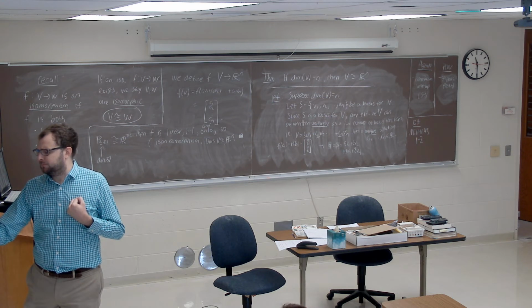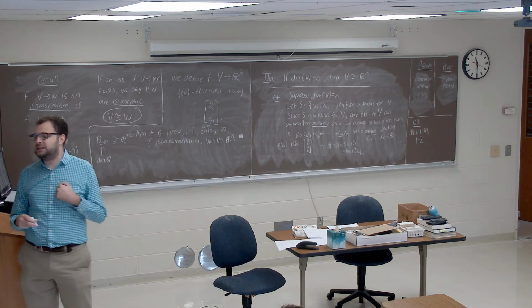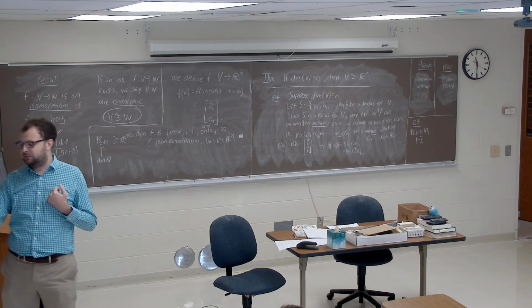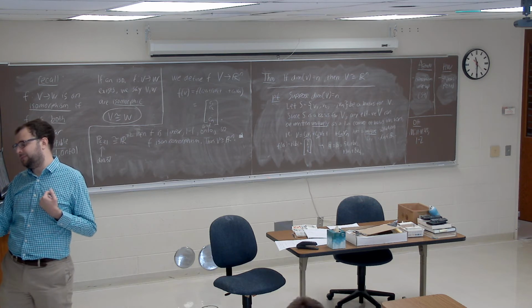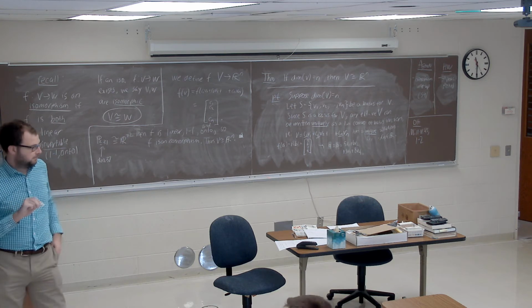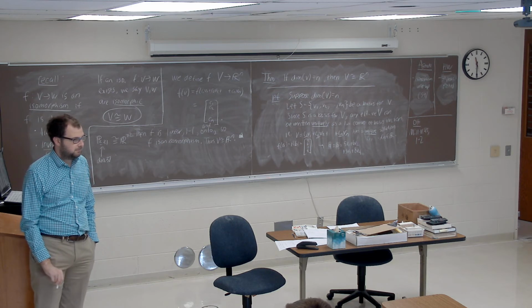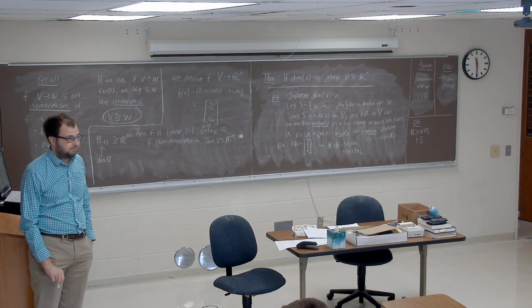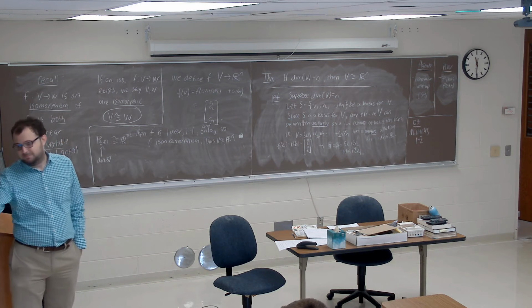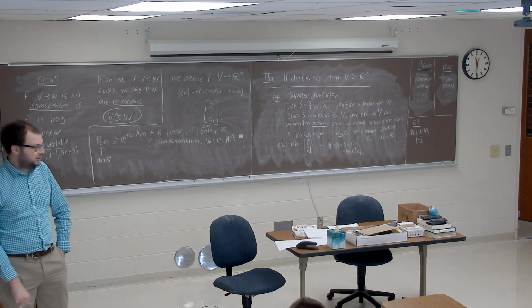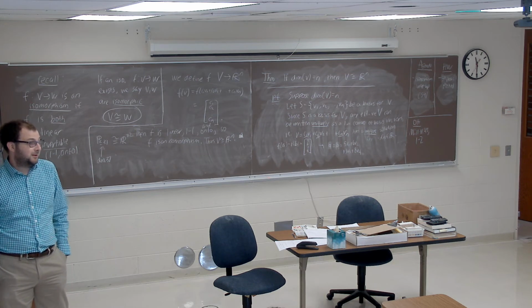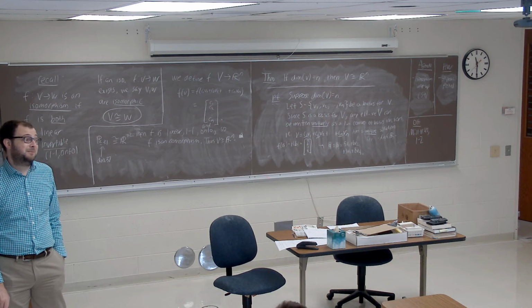Well, if f of v1 is equal to f of v2, then what would we get if we subtract f of v1 minus f of v2? We're going to get 0. Which 0? The 0 element in V or the 0 element in W?